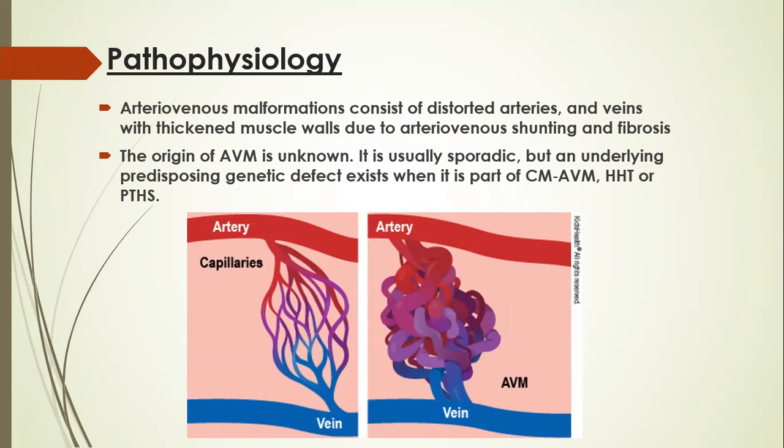The origin of AVM is unknown. It is usually sporadic, but an underlying predisposing genetic defect exists when it is part of capillary malformation AVM, like Parkes Weber syndrome, hereditary hemorrhagic telangiectasias, or PTHS.